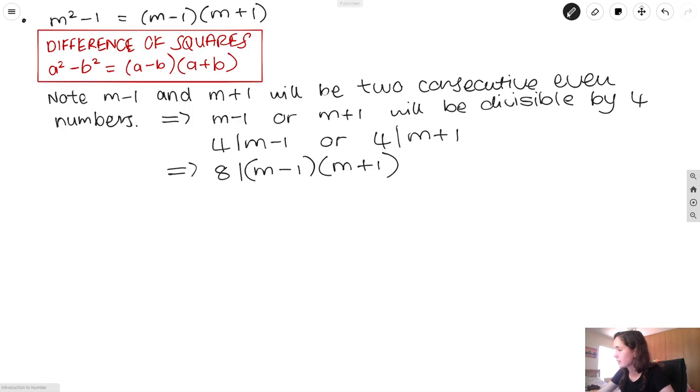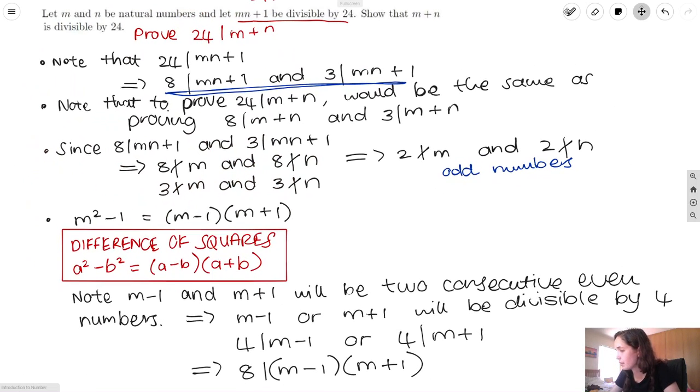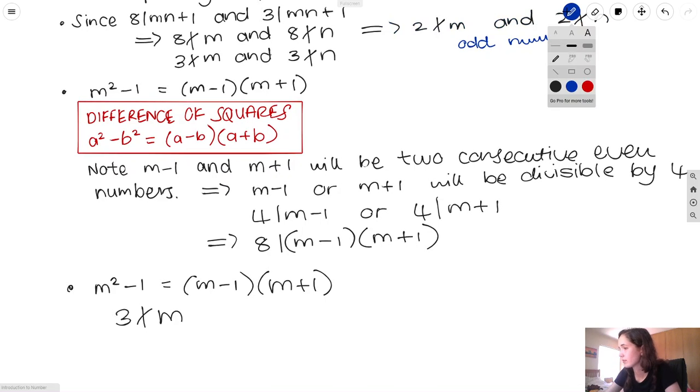Okay, now we do something similar for 3. So once again, m squared minus 1 is equal to m minus 1 times m plus 1. We had that 3 cannot divide m. We already know this.